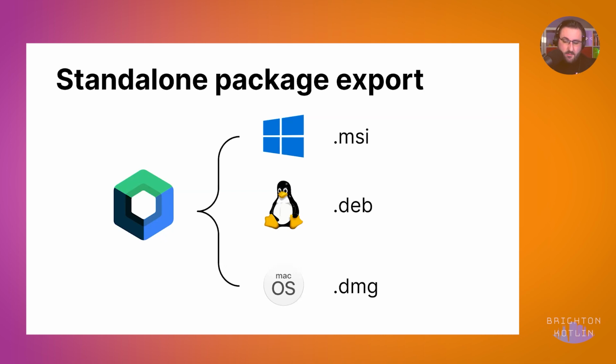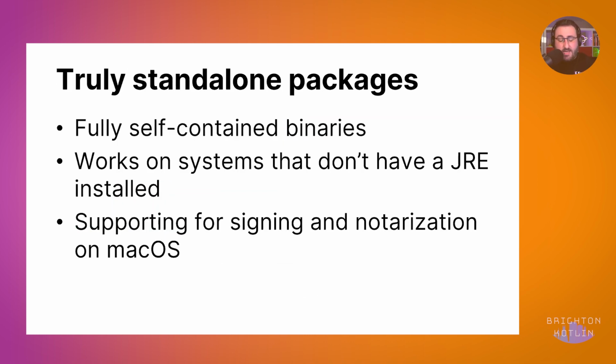Now, this is very exciting because it means that you really have truly standalone packages, as in fully self-contained binaries that work on all kinds of systems, even systems that don't have a Java runtime environment locally installed. And for the outliers like macOS, where you're required to sign and notarize your application, we're also providing a lot of support for this.